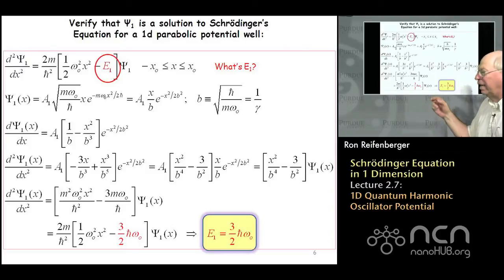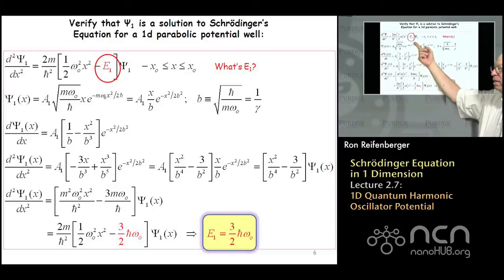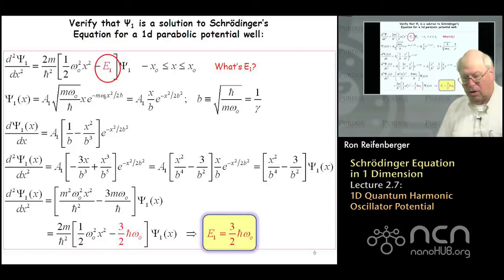What you find at the end of that exercise is that this parameter E1 has to equal 3/2 h bar omega naught, where omega naught is the resonant frequency that this particle exhibits as it oscillates back and forth in this quantum well. And so for the n equals 1 quantum state, the allowed energy turns out to be 3/2 h bar omega naught.